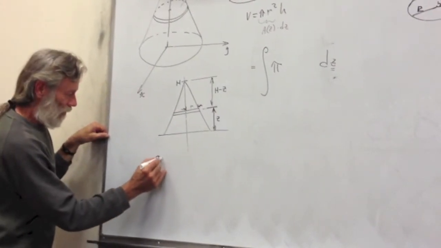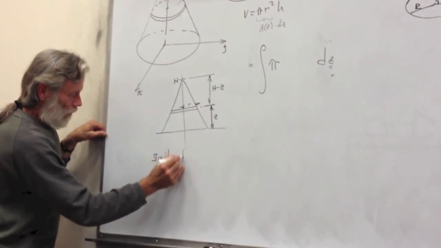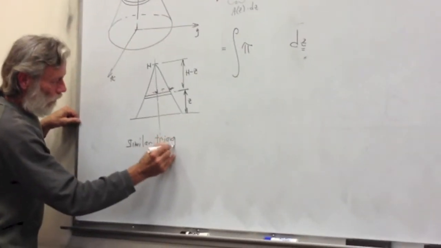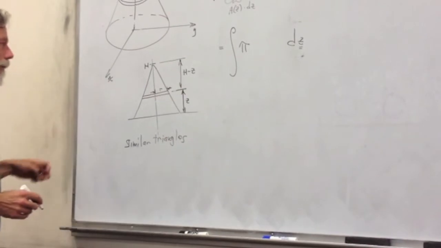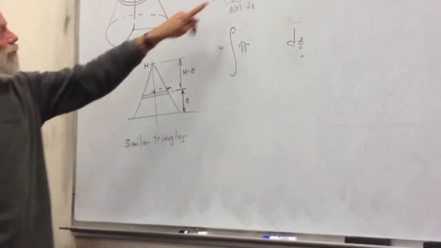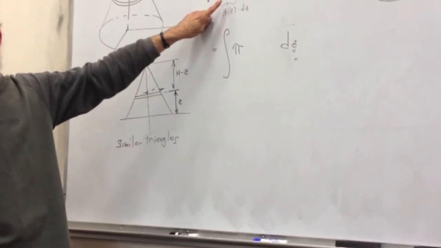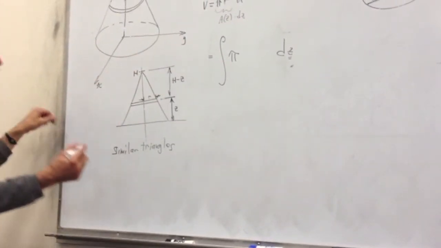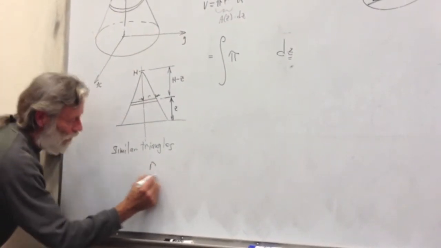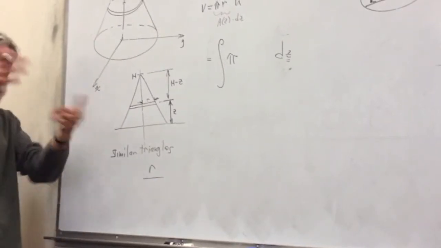So with similar triangles, what am I trying to do? I'm also trying to convert r to z. If I'm going to convert r to z, it's best to start your similar triangles by saying r is to something as whatever is to whatever.